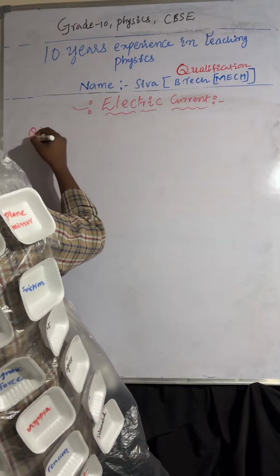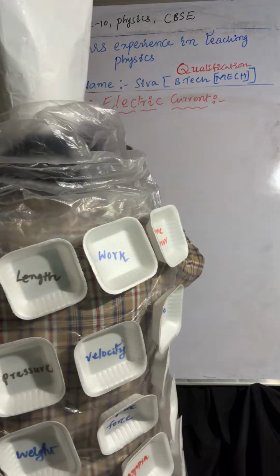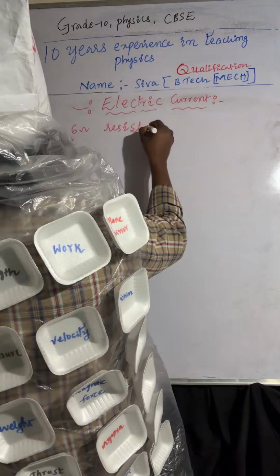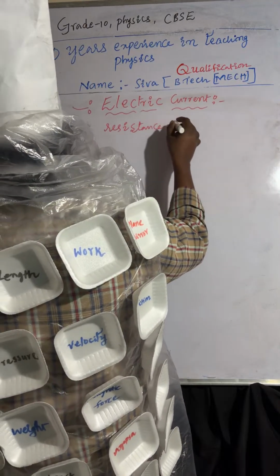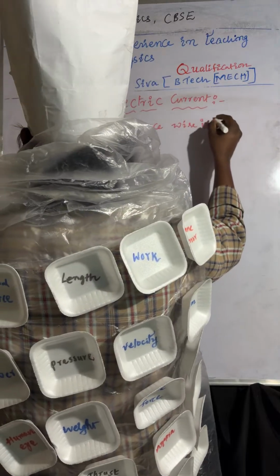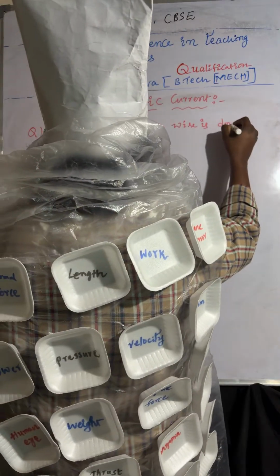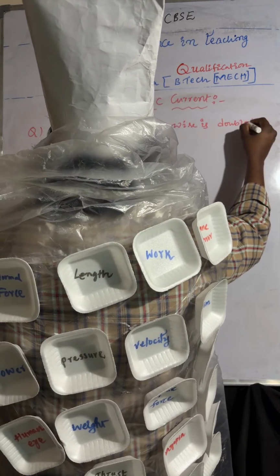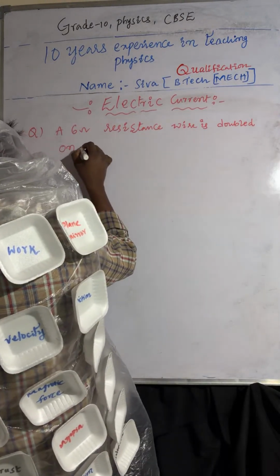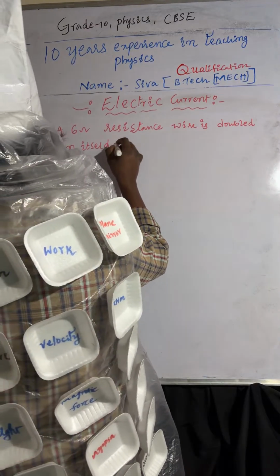So the question: a 6 ohm resistance wire is doubled on itself.